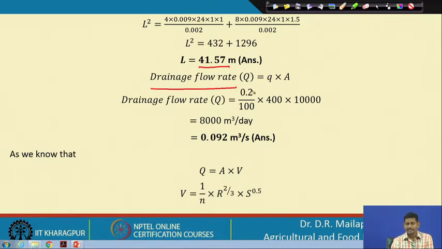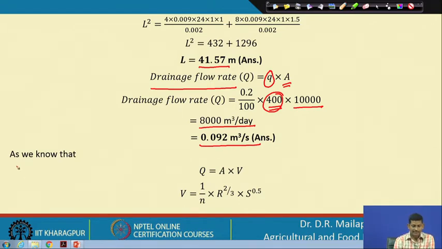Drainage flow rate Q is equal to small q multiplied by capital A, that is area. That will be 0.2 by 100, because this is unit conversion, and 400 hectares, and again you convert into meter square. The total will be now 8,000 meter cube per day of drainage water resulting from the area 400 hectares, and you can convert to 0.092 meter cube per second.